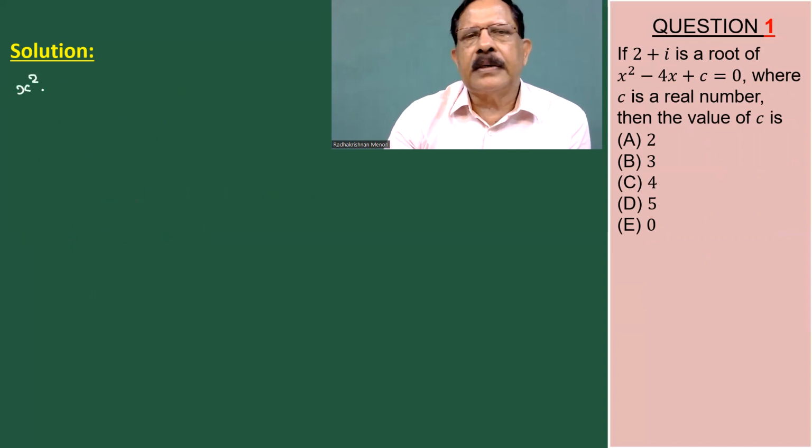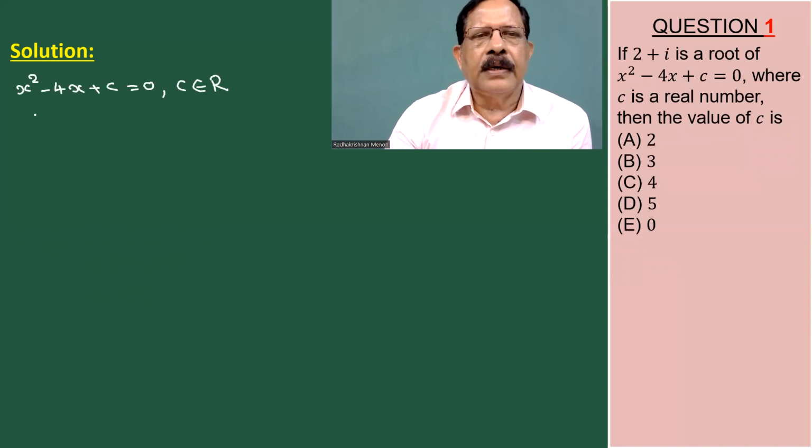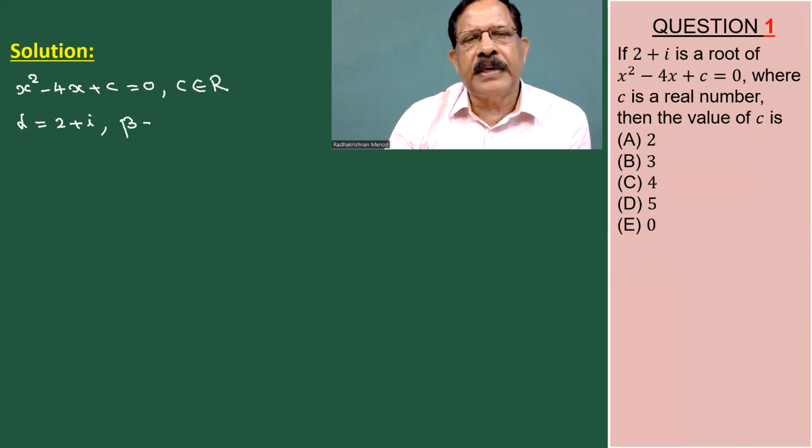X squared minus 4x plus c equal to 0. C is real, same concept. The coefficients are real, so the complex roots are conjugate pairs. 2 plus i is one root. Then the other root will be the conjugate of 2 plus i, which is 2 minus i.